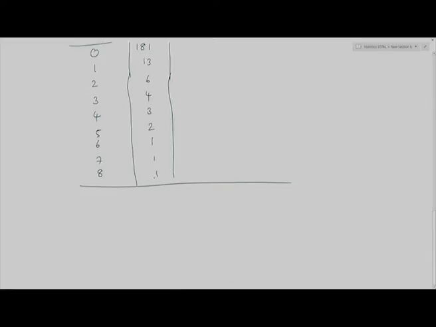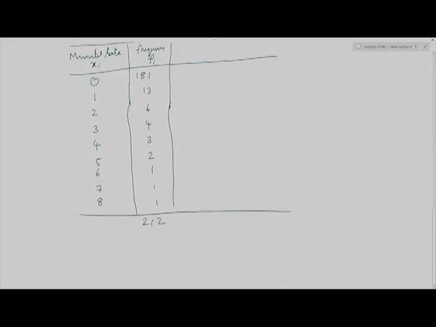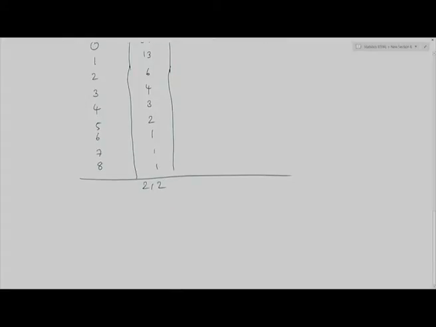So totally if you count it is 212 employees. Now for this data, look at this data, data is totally extreme. There is an extreme number called 181, therefore you can compare the mean and the median in this case.